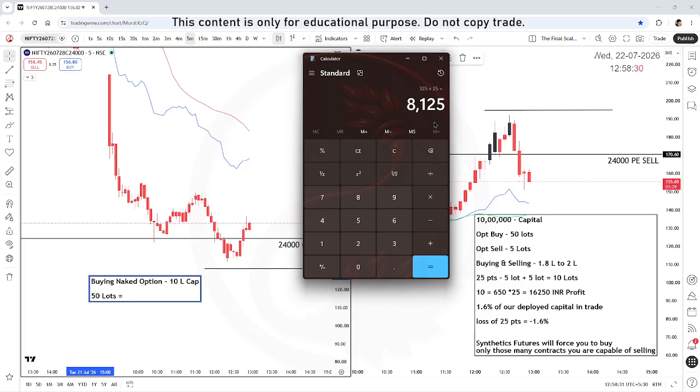And that is of 10 lakh rupees capital. That is 0.8% in loss. Now compare that. Where is 6% loss and where is 0.8% loss? But you are still managing to capture 1.5, 2% of your capital in one single trade, right?